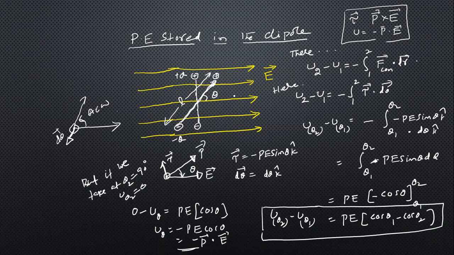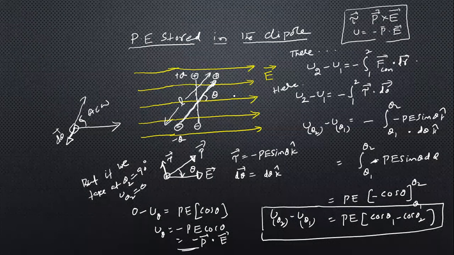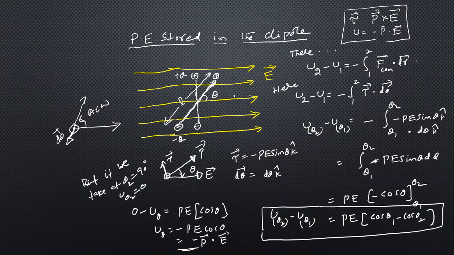Yes, sir. Now E is producing torque. Because of torque, the dipole turned, but the dipole turned, therefore torque became less because the angle is decreasing. Yes, sir. So as it is turning, the torque is being reduced.